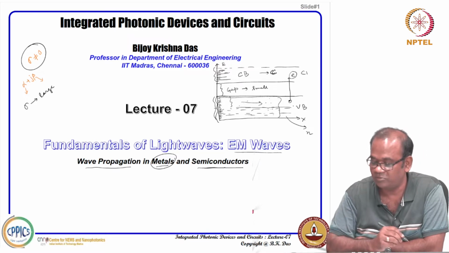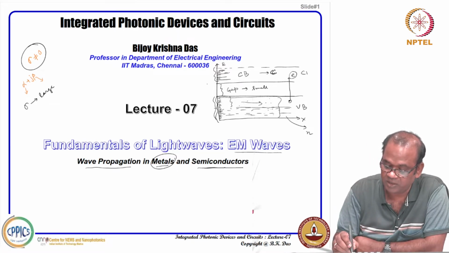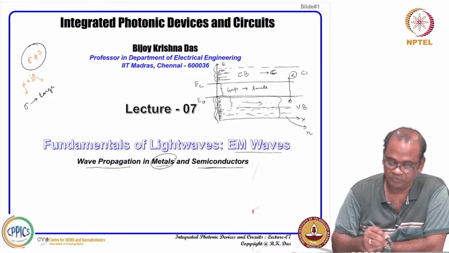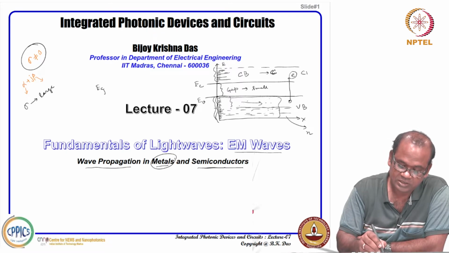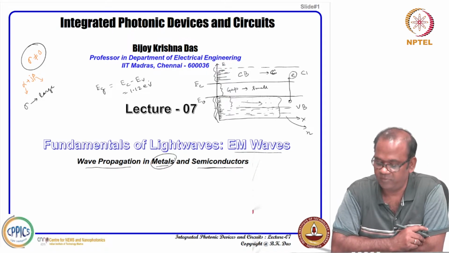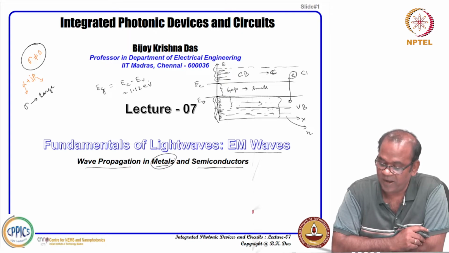So, in a semiconductor, the conduction band and valence band will be there, and this is the bottom of the conduction band energy, and this is the top of the valence band energy, and we call Eg equal to Ec minus Ev. For example, in the case of silicon, Ec minus Ev is about 1.12 electron volt. Okay. So, that is the band gap.